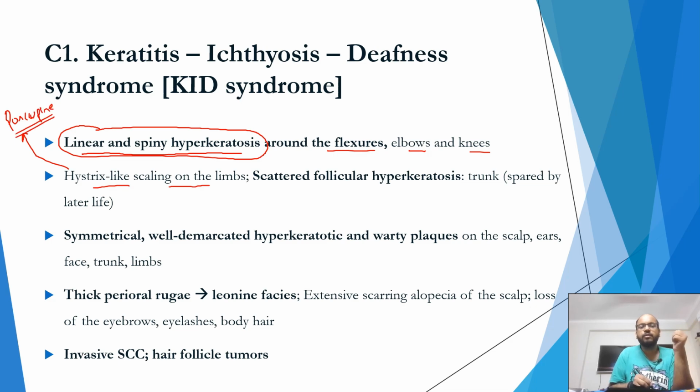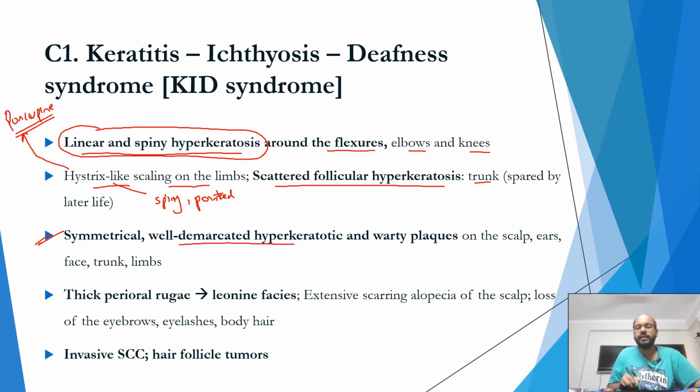So what we're trying to say is spiny or very pointed scaling on the limbs, with scattered follicular hyperkeratosis, which can involve the trunk, but in later part of life the trunk often gets spared. So it mostly starts on the limbs.